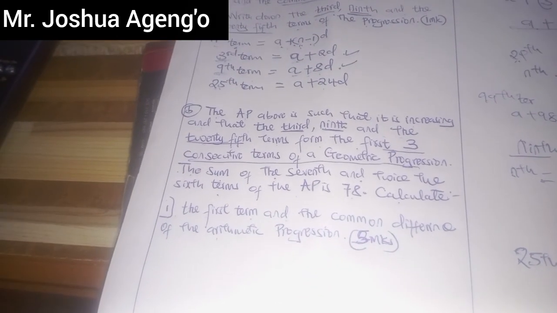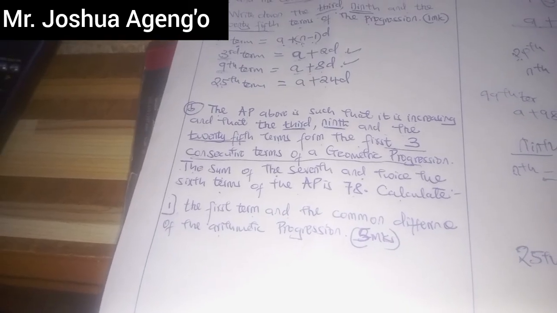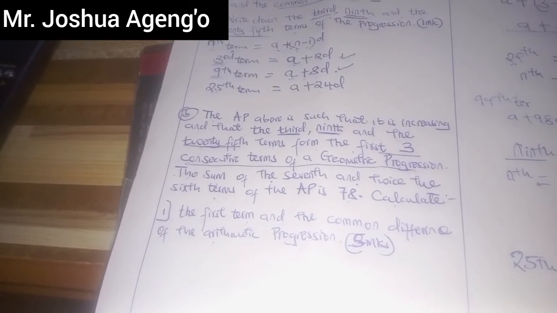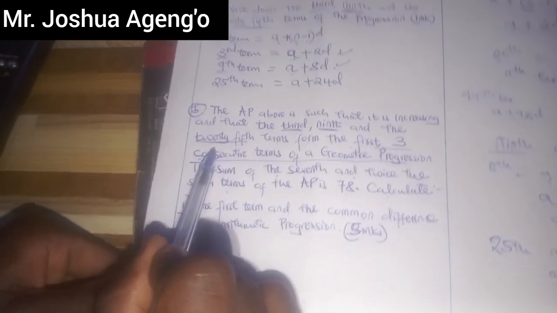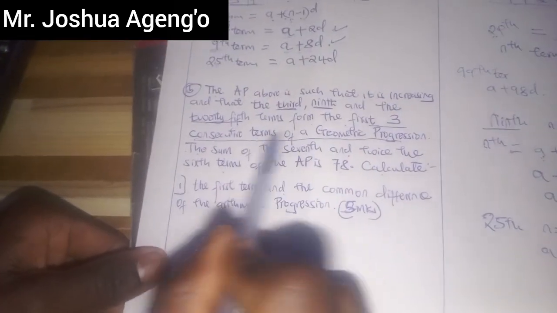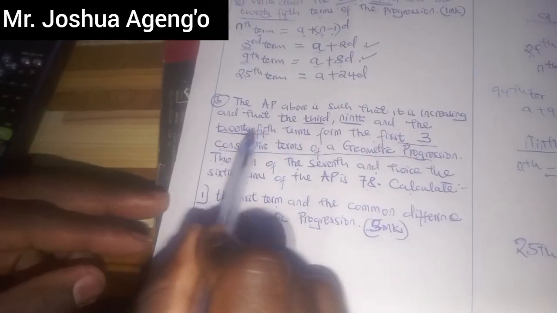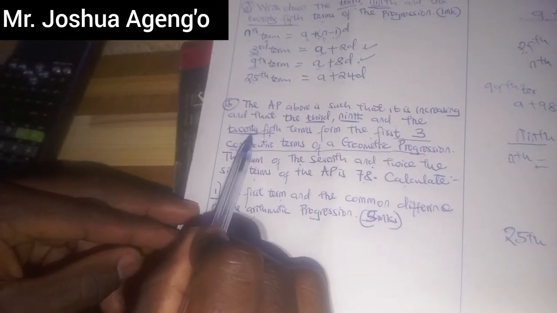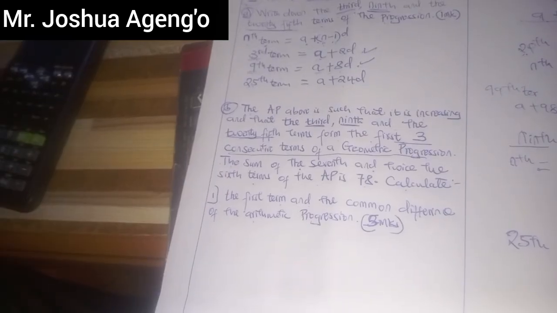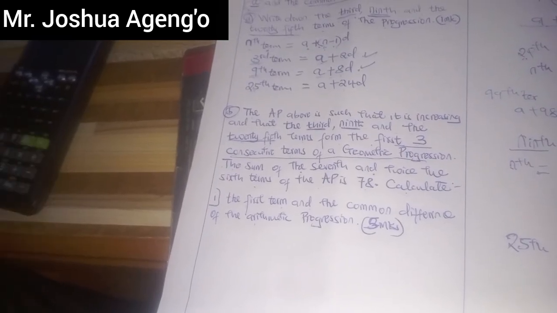But they are saying that now it forms a sequence. This sequence is increasing, such that the third term, the 9th term, and the 25th term form the first 3 consecutive terms of a GP. Meaning if I write this in a line, followed by the 9th term, and then finally the 25th term, I will have a GP in a sequence.